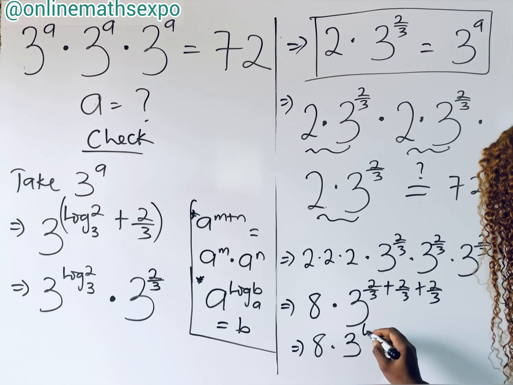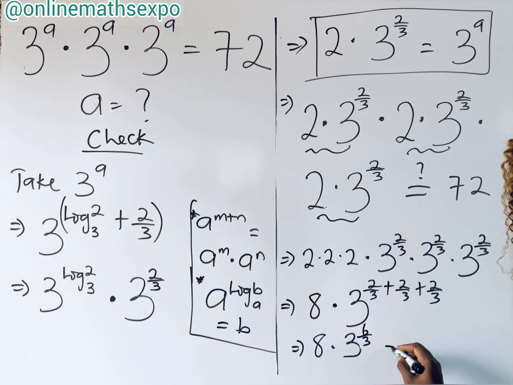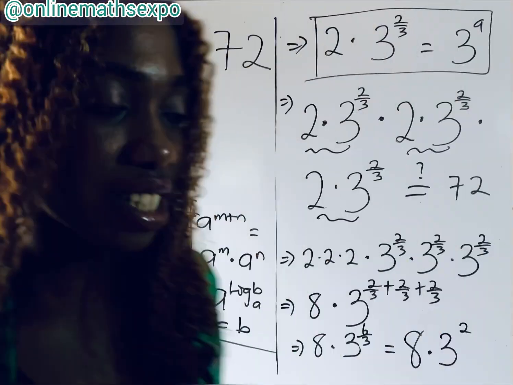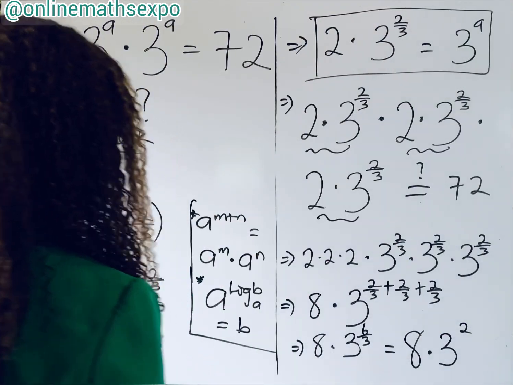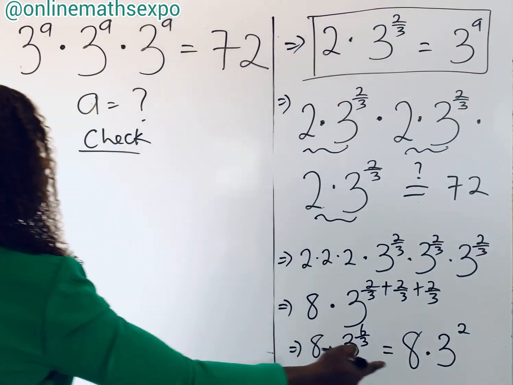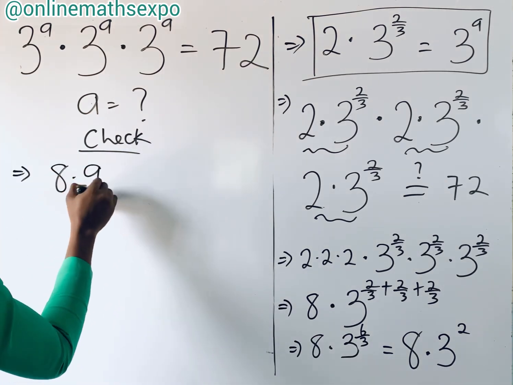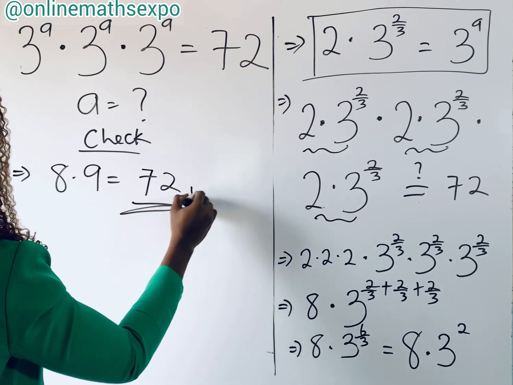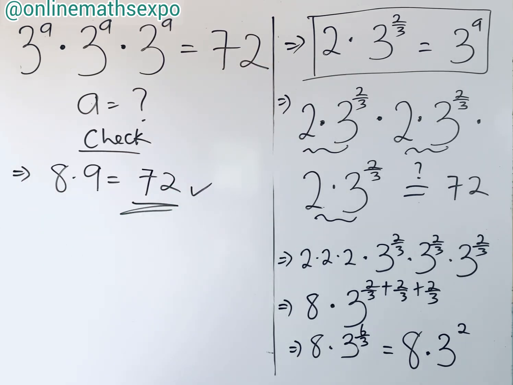So we have 6 on 3, and that will give us 8 multiplying 3 to the power of 2. And 3 to the power of 2 is 3 times 3, which gives us 9. So if you simplify further, you have 8 times 9. And when you multiply this, it gives you 72. And that is what we have at the left side.